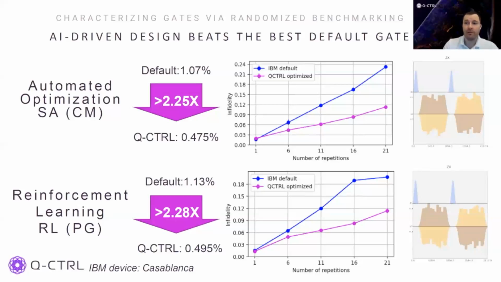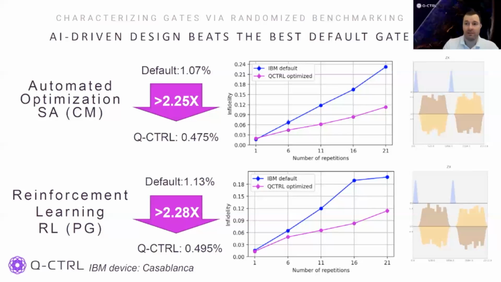In the upper plot, the simulated annealing algorithm, Cauchy machine, and in the bottom plot, the reinforcement learning algorithm, policy gradient. To the right, you can see the gate schedules for the optimized pulses. Notice that for a single gate application, the SPAM errors dominate the performance, and the different implementations cannot be separated.